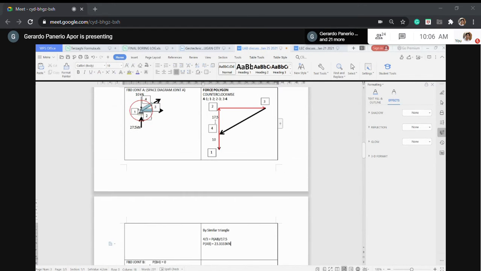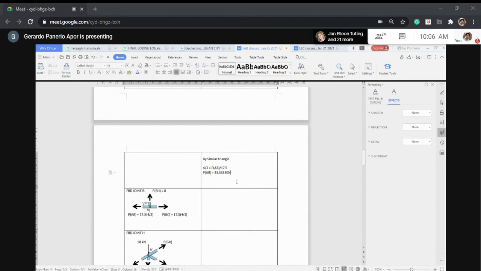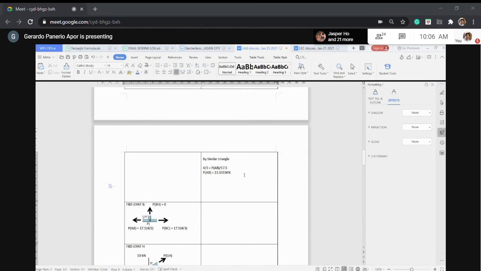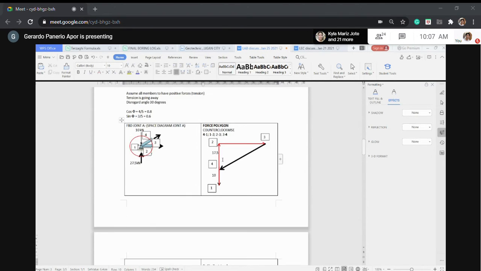If we want to do that, this is for using the 3, 4, 5 angle, 4 horizontal, 3 vertical, and 5 diagonal. So by similar triangle again, you have 5 is to 3 is equal to PEH divided by 17.5, because this is 17.5.